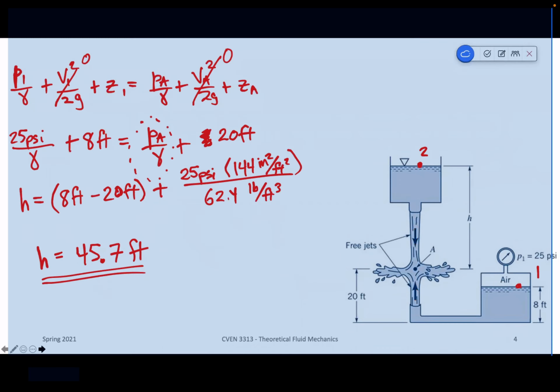What's a good rule of thumb then for deciding which 2 points to start out with? So for the most part, you often want to choose surfaces like this, right? Those are places where you're either given a pressure or you're going to assume that pressure is equal to 0 because it's open to the atmosphere.